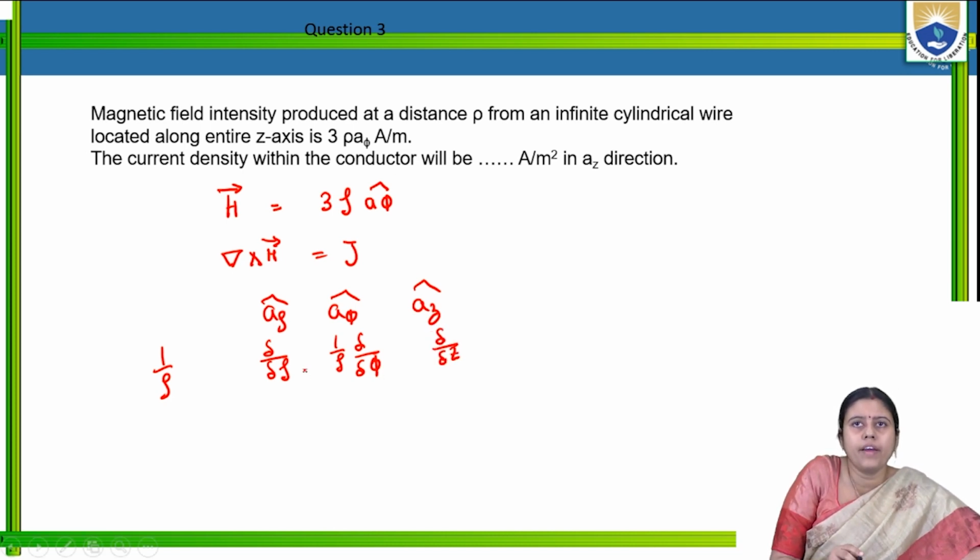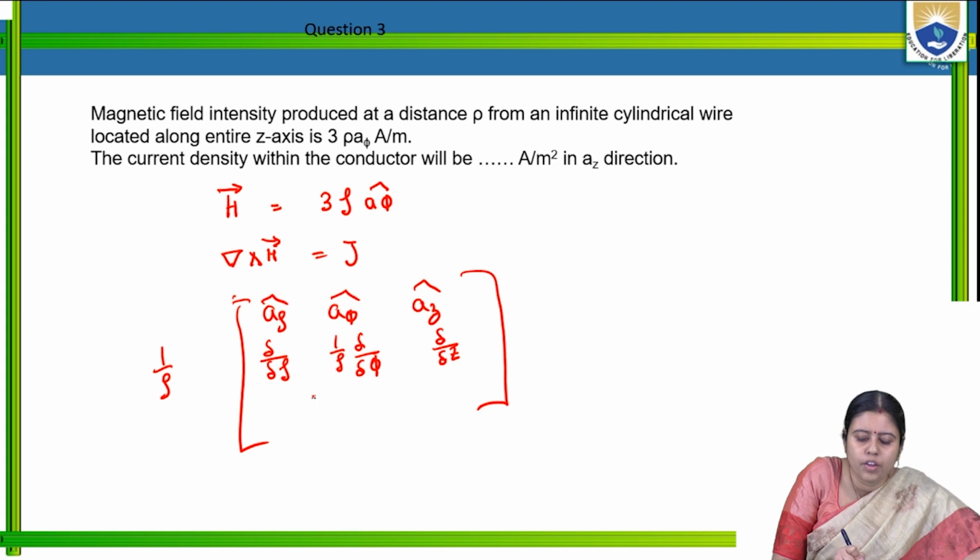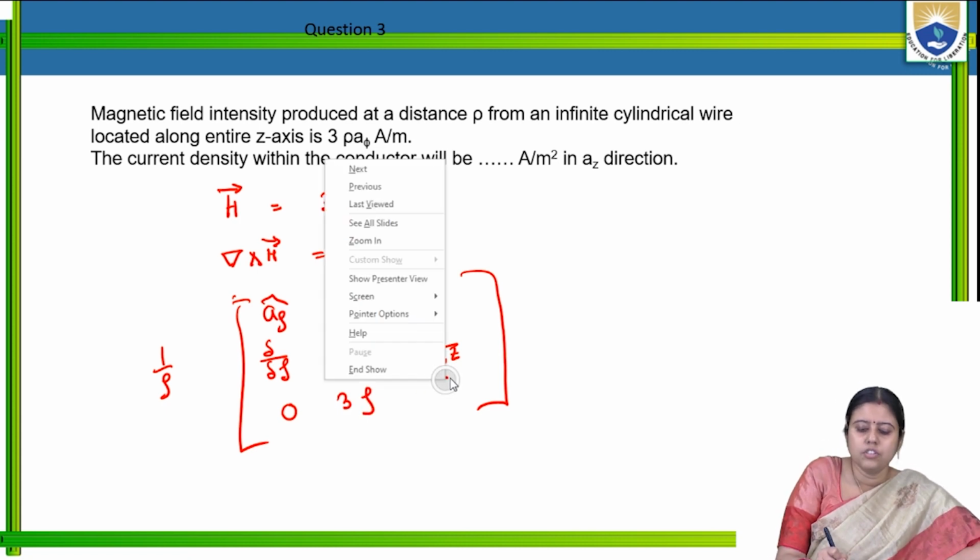What is the value of A? 3 rho, along A phi, so the components are 0, 3 rho, 0.